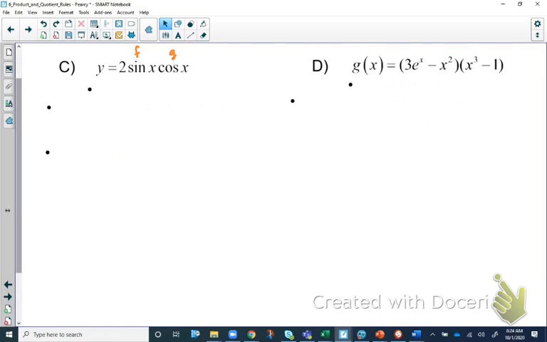So here in this case I'm going to say y prime will be equal to the derivative of the first part, in this case the derivative of sine, which is going to be 2 times the cosine of x times the cosine of x, plus the 2 sine of x, and the derivative of cosine is a negative sine of x.